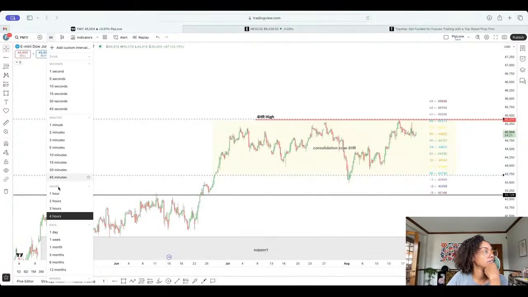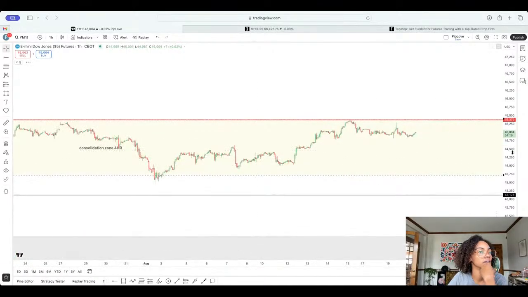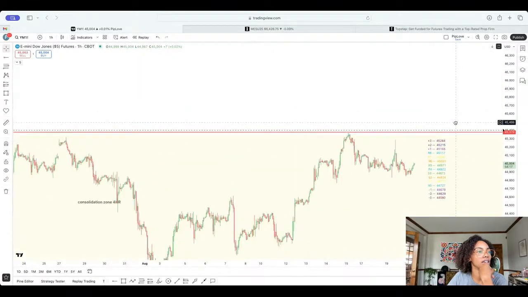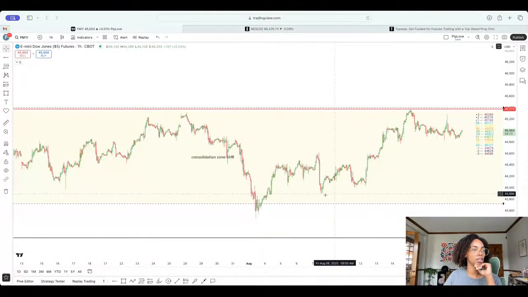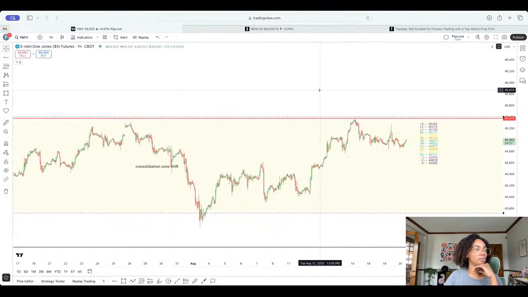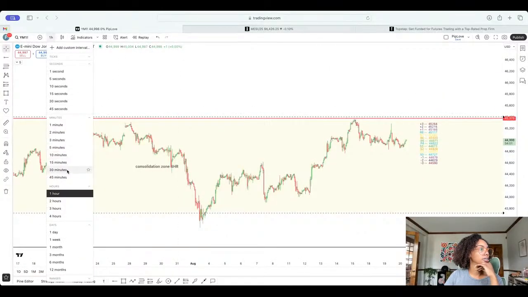Alrighty, same thing. Let's go to the 1 hour. Let's mark out our zones. Okay, we had a small area of support here, resistance here. So if you wanted to mark those out on the 1 hour time frame, for instance, give me 1 second.